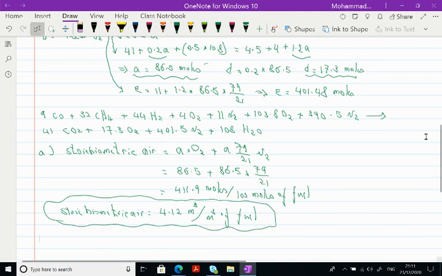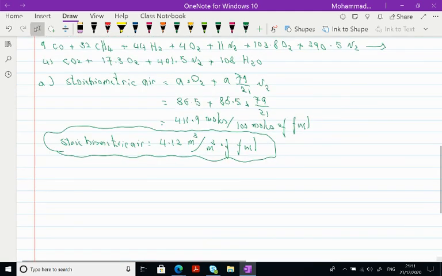Now part B of the question is asking the dry exhaust analysis, and it is volumetric.